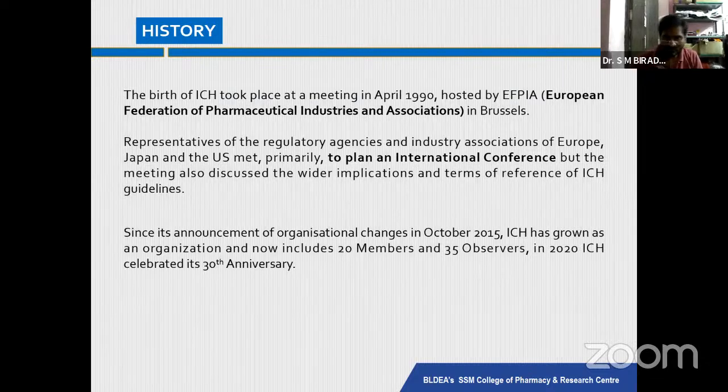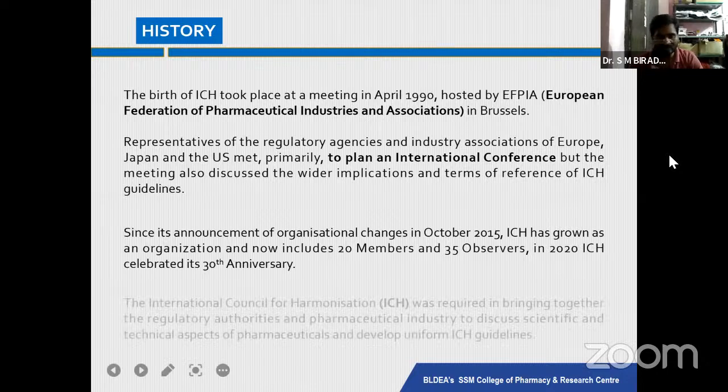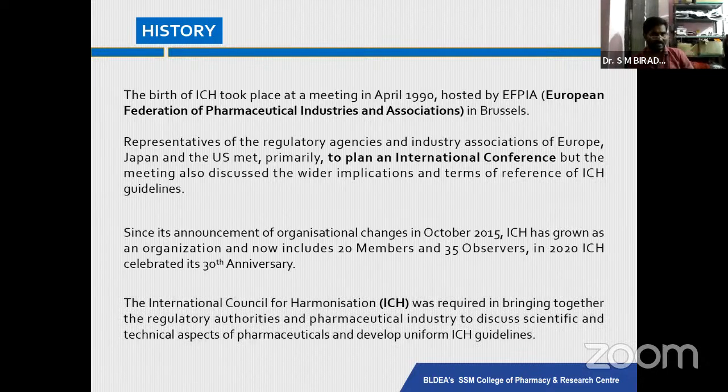In late 2020, they celebrated their 30th anniversary. And now India has also become a member of the ICH organization, around 2016. So this is the background or history of the development of the ICH.